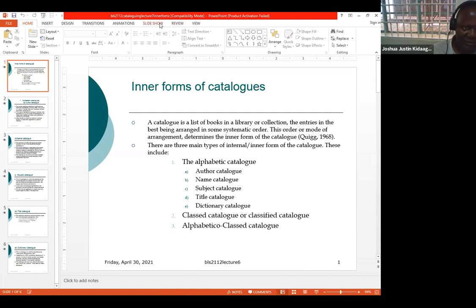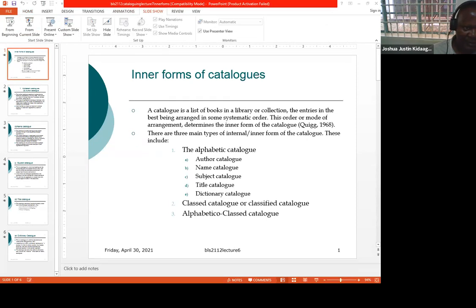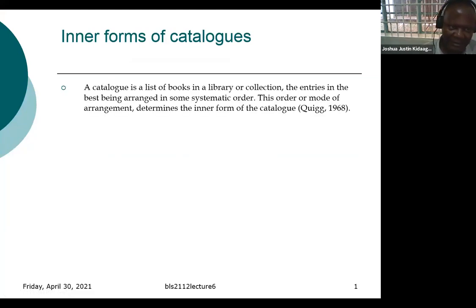Continuing with today's presentation, we move to the inner forms of catalogs. The way a catalog is defined, once again, it is a list of books in a library or collection, the entries being arranged in some systematic order.